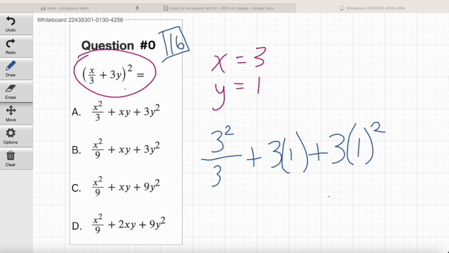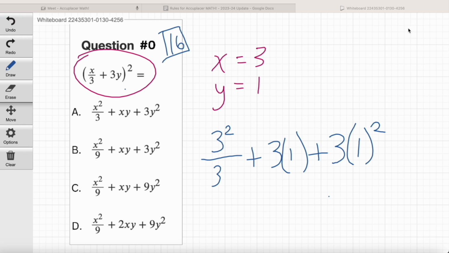So let's think in terms of PEMDAS. There's nothing to calculate inside the parentheses. We could do the exponents next. So what could we simplify here? Are we doing like the division, like 3 to the power 2?